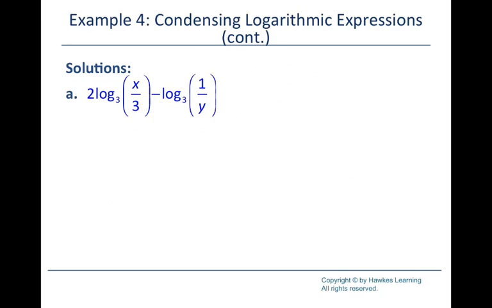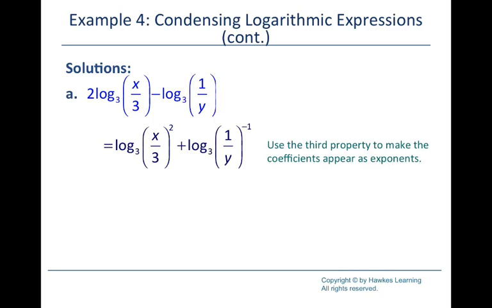So let's look at A. We have that 2 in front that will go back up as an exponent on the x over 3. You can say, bring that negative up as a negative 1, or you could put log base 3 of 1 over y in the denominator. So we have log base 3 of x squared over 9. They went ahead and did the 3 squared.